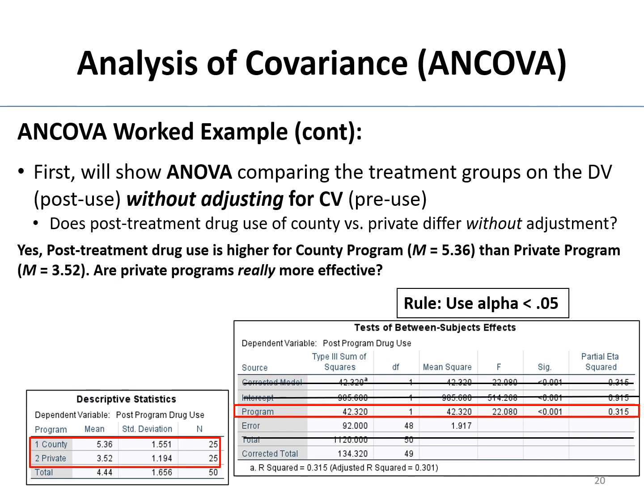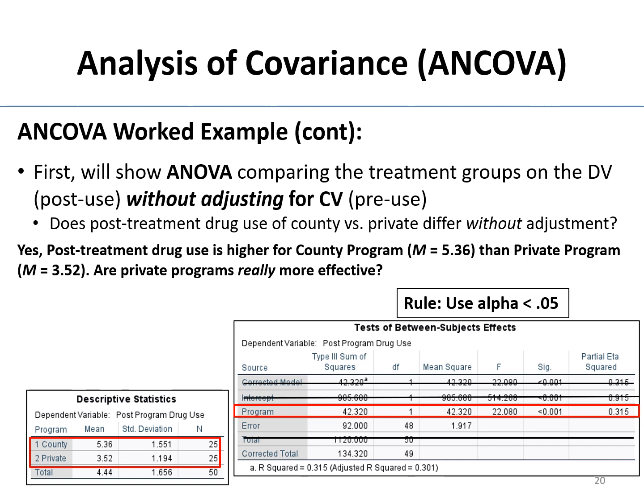And indeed, 0.001 is less than 0.05, so there is a difference between county and private. What's that difference? Well, look at the two means. County was 5.36, private was 3.52. We know those two means are significantly different. Higher means more drug use. So who had higher subsequent drug use? Those who went to the county program.